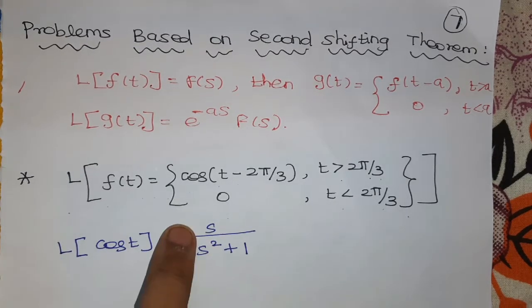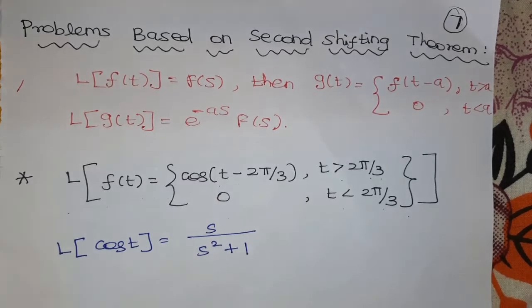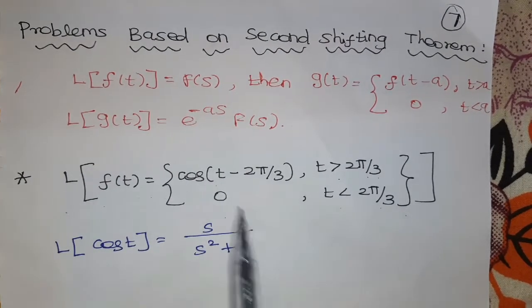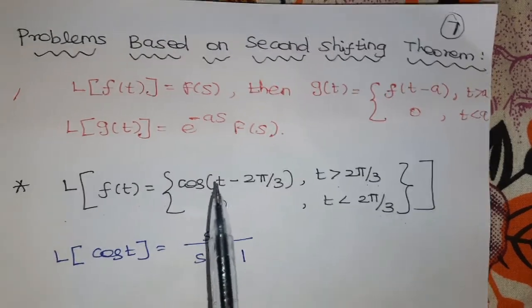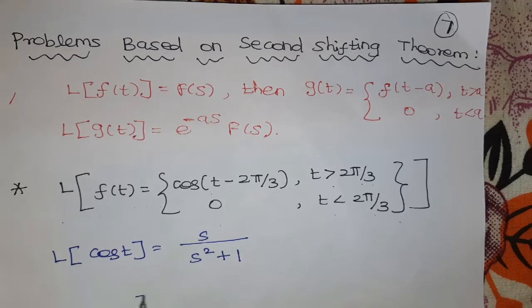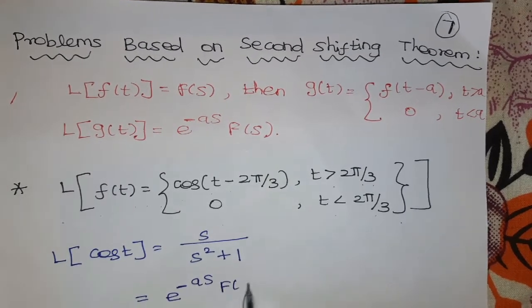We are asked to find it for cos of (t minus 2 pi by 3). Some delay is given, so by using the second shifting theorem, we get e power minus as into F of s here.